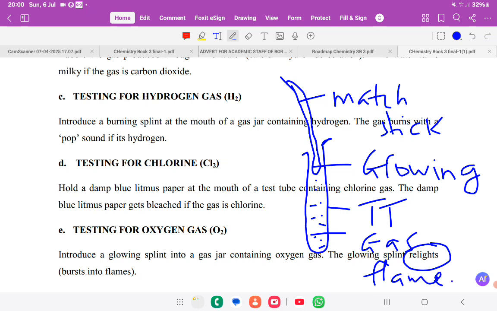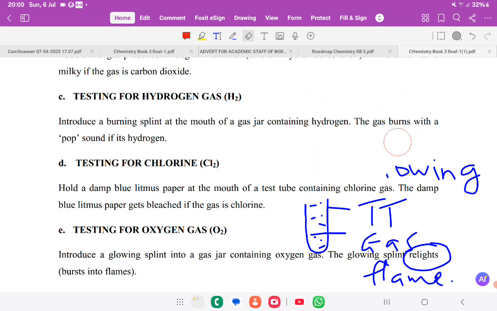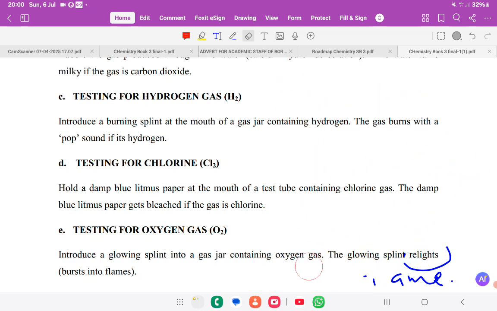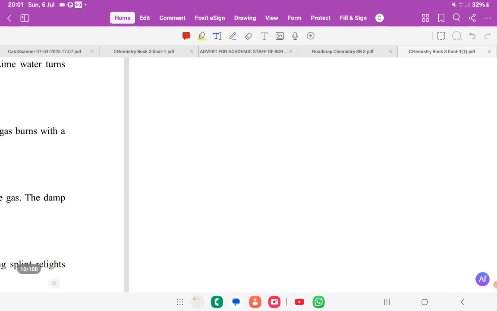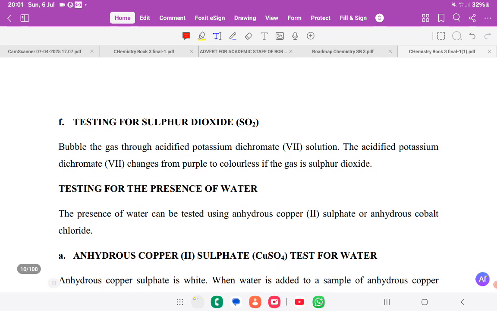That shows that the gas in the test tube is oxygen gas. All right, so these are some of the tests for different gases that you need to be familiar with testing, but you may also be required to simply describe the process in an exam.